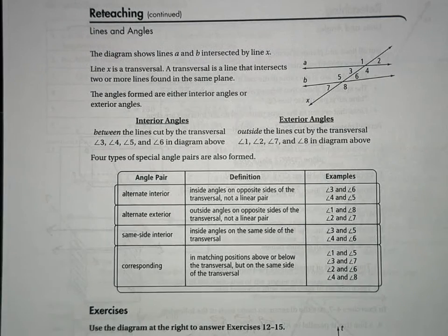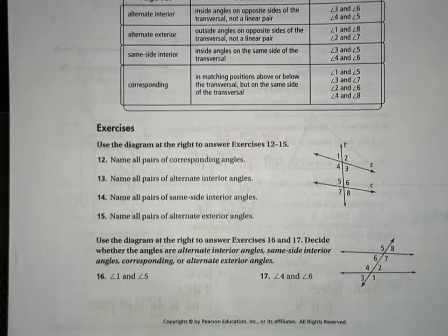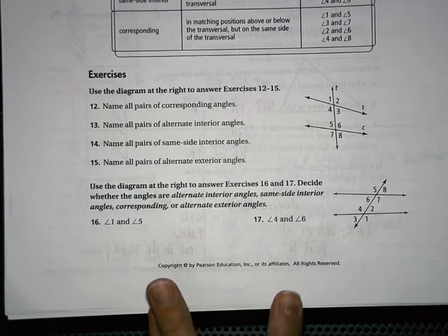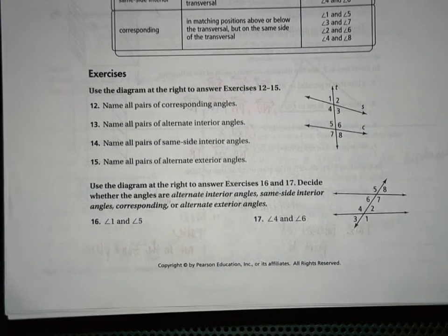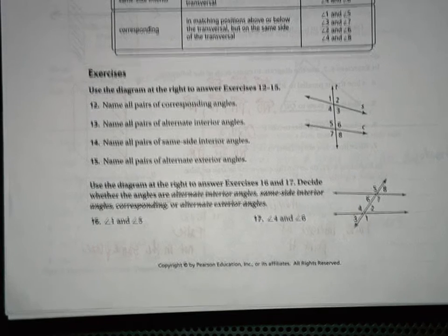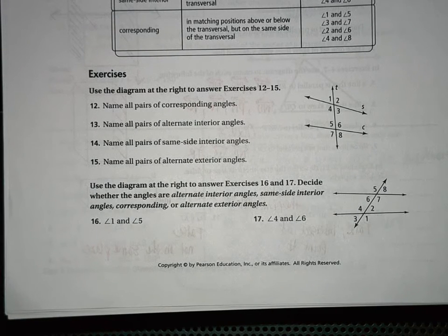Okay, so we're going to skip down to these exercises. So starting with number 12, name all pairs of corresponding angles. What does corresponding mean? Same side. Good. Very good. Okay, so in this case, what would be the corresponding angles? Good.